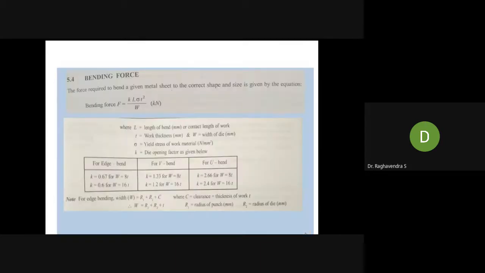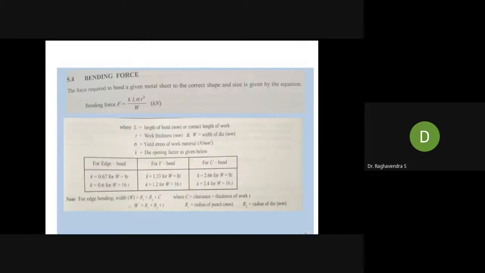It's simply a 45-degree bend, and the die is V-shaped, a V bend shape. The width of the die is given as 8 times T. Sometimes the question itself mentions 8 times the metal thickness, or we need to remember it.